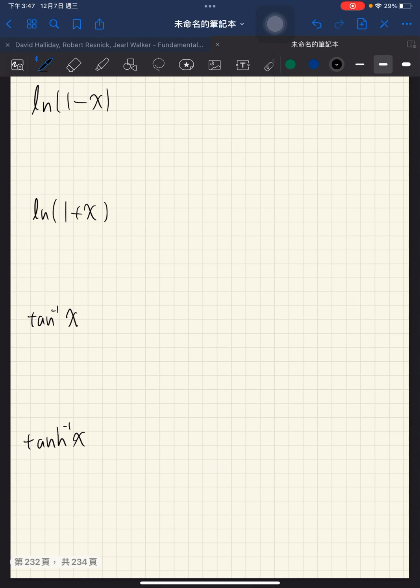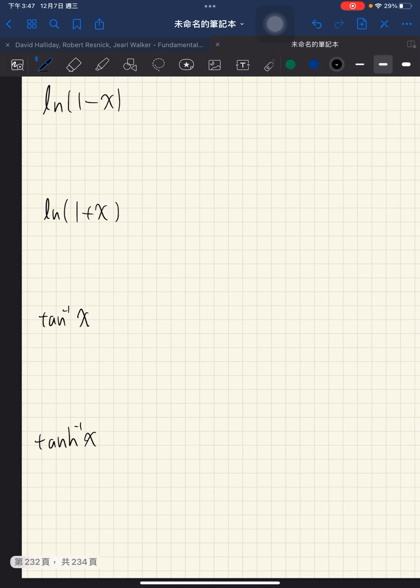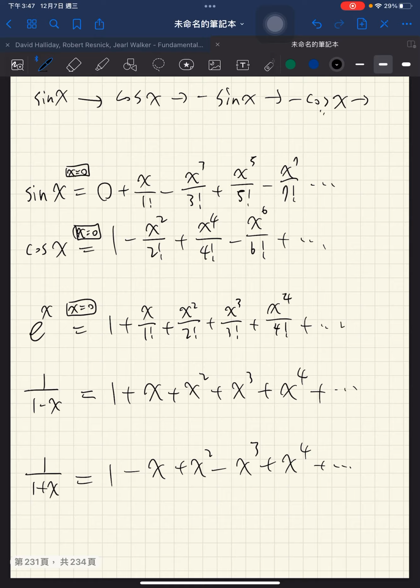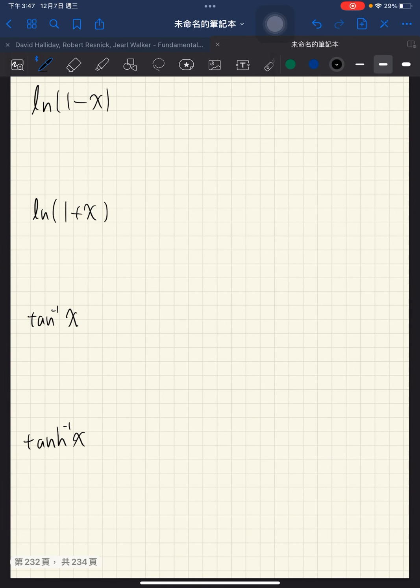And we can already solve this from the previous result, because this is just equal to the integral of 1 over 1 minus x, with a negative sign.